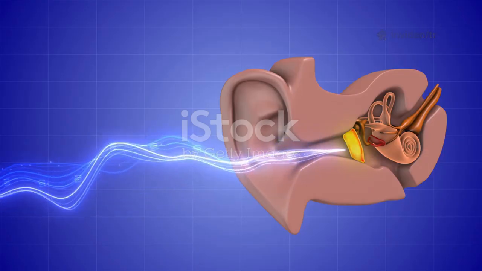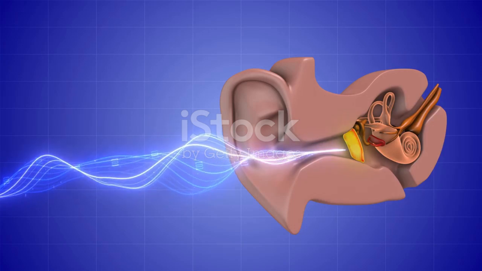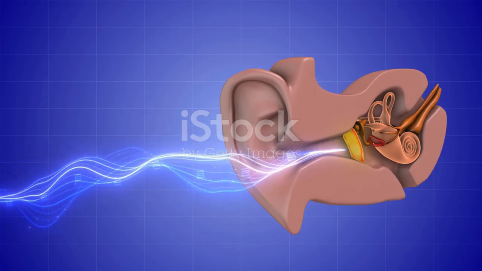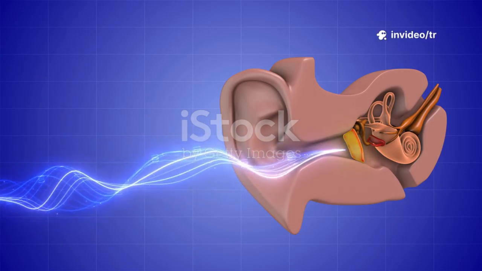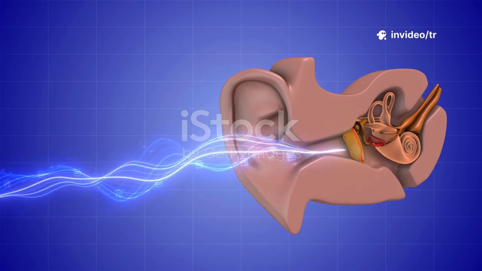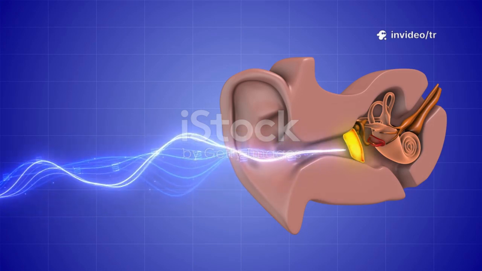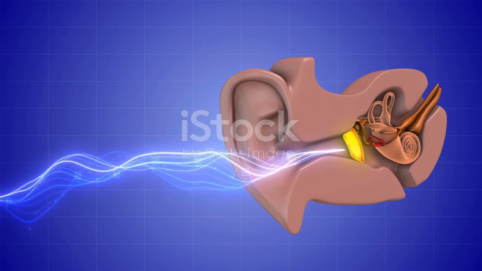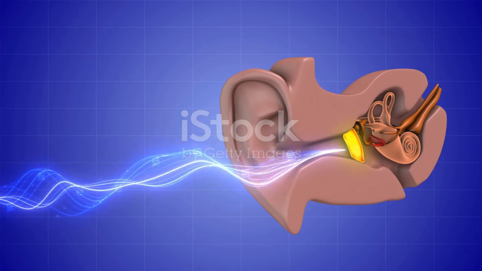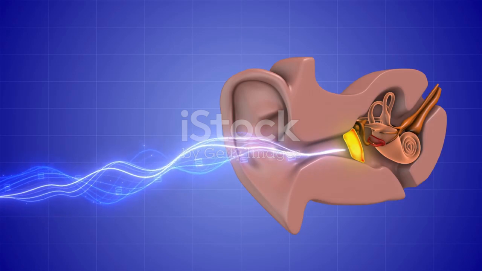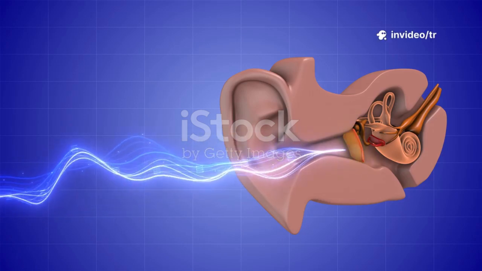Step 3. The inner ear. The stapes pushes on the oval window of the cochlea, a spiral-shaped organ filled with fluid. This motion creates a travelling wave along the basilar membrane inside the cochlea. Sitting on this membrane are tiny hair cells. These are our actual sound receptors.